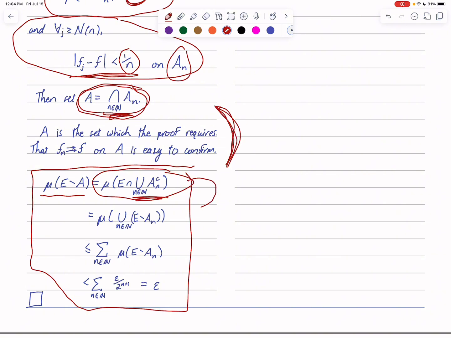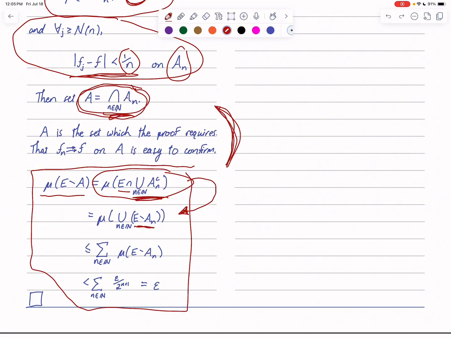Okay, so then what are we going to do? We're going to do a little basic set theory: if you do E intersect the union, then you can move E intersection inside of the union. And once you have E intersect A_n complement, that's just the same thing as E minus A_n. So we get this move by basic set theory.